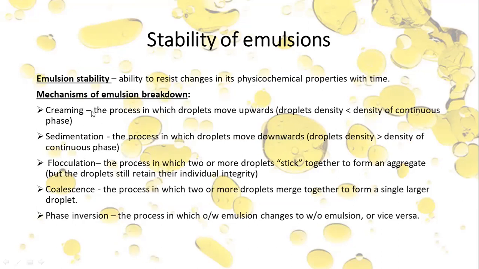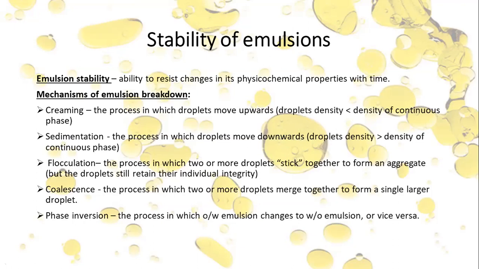So creaming has two parts: upward creaming, when droplet density is lower than the density of the continuous phase, and downward creaming, the movement of droplets downwards, where droplet density is greater than the density of the continuous phase.